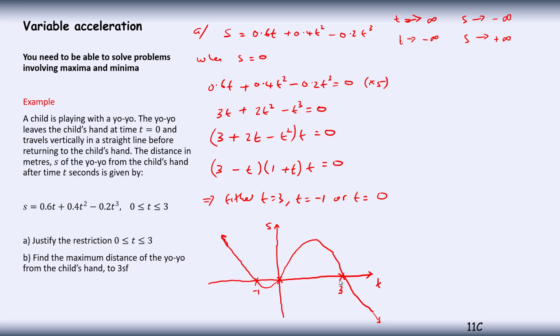We can't have negative displacement, so that's why we have our time restriction between 0 and 3. That justifies our time restriction. So our time is less than or equal to 3 and greater than or equal to 0, as we cannot have negative time and we cannot have negative displacement.